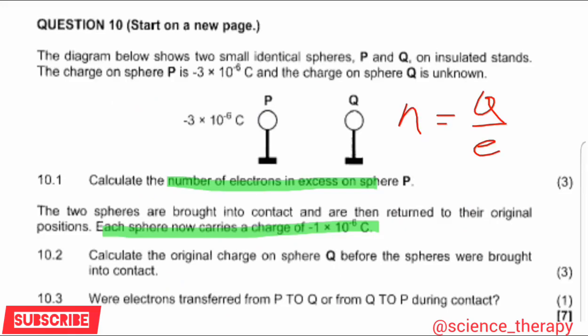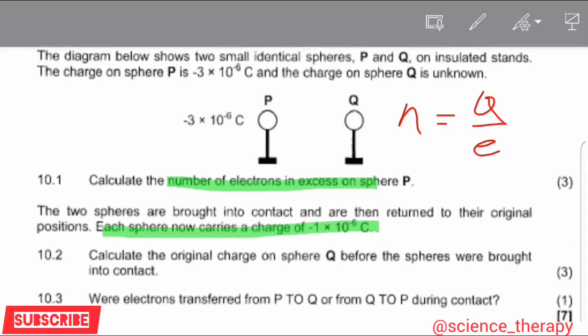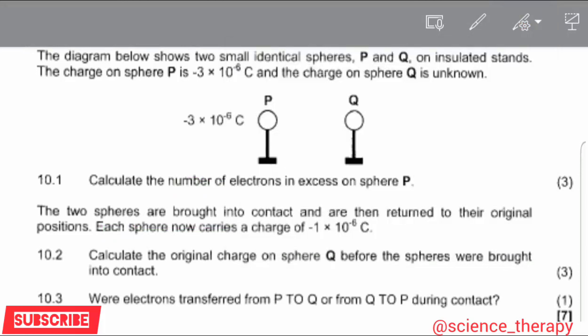Now, let's see 10.3. It says, were electrons transferred from P to Q or from Q to P during contact? So now, having to look at this, let's check. We have calculated sphere Q initially, and we found that it's +1 times 10 to the power of -6 coulombs.